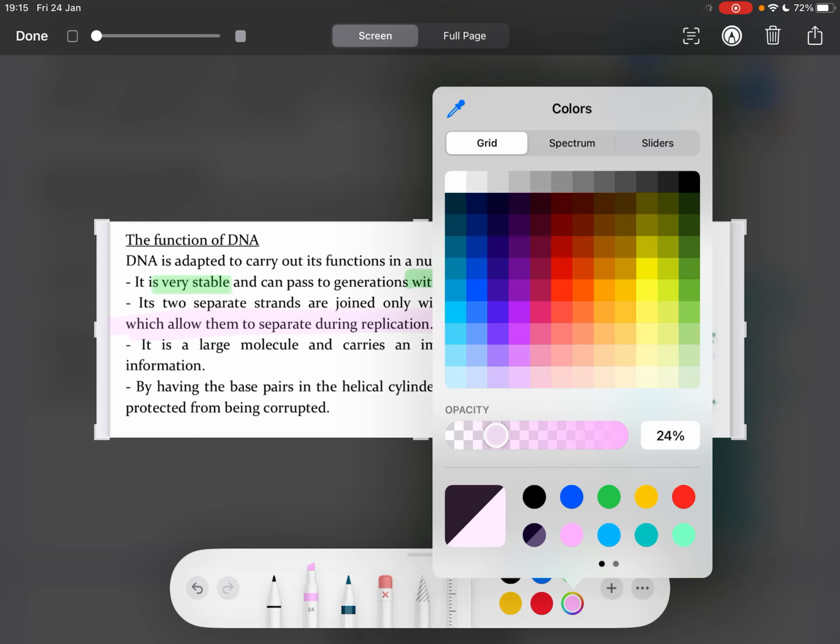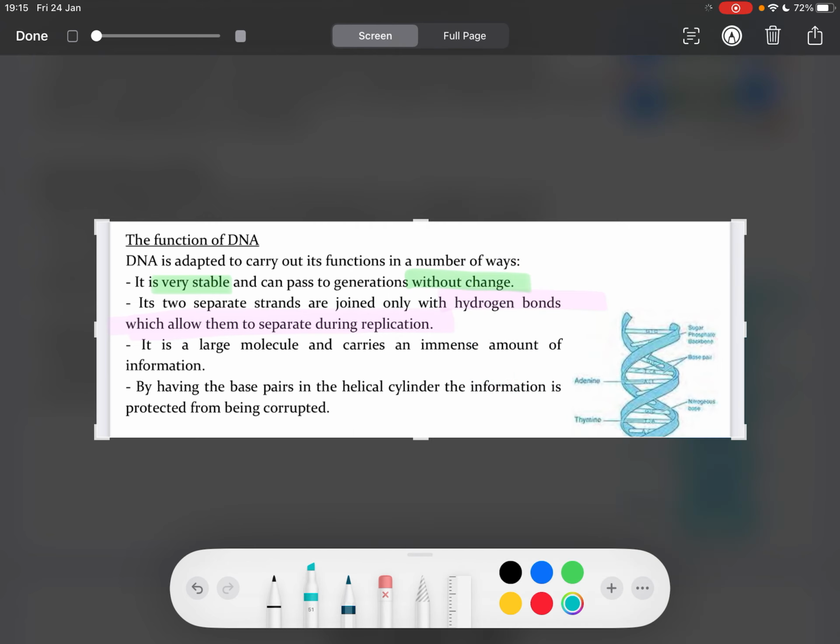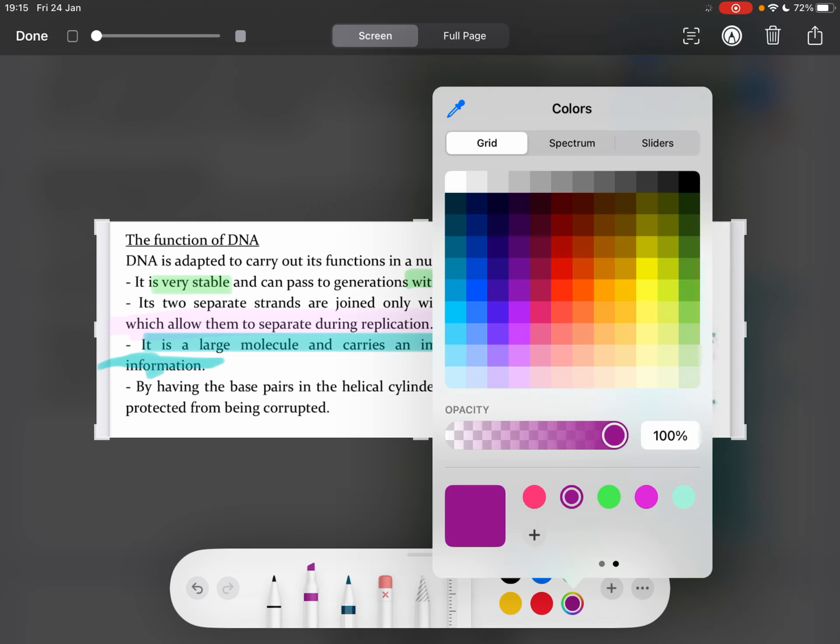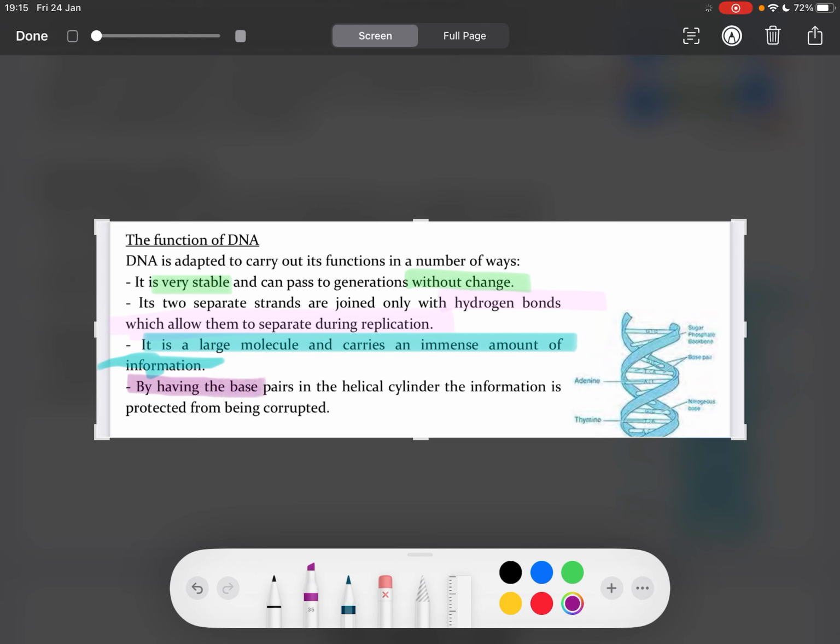I get it. What about this point? It's very important. It's a large molecule and carries an immense amount of information. Last important thing: by having the base pairs in the helical cylinder, the information is protected from being corrupted. Right.